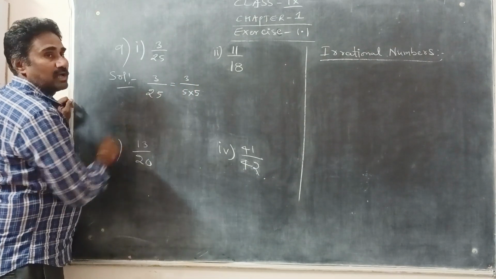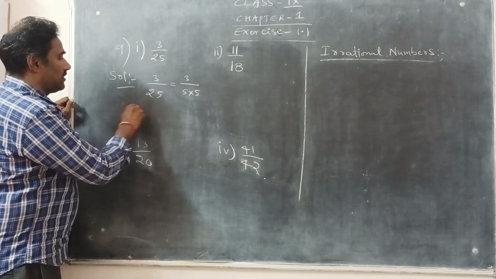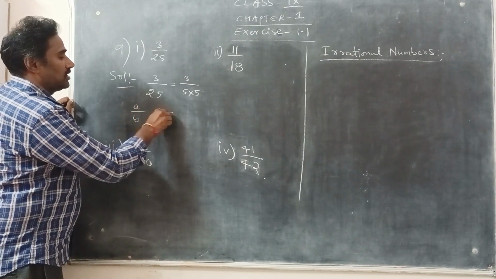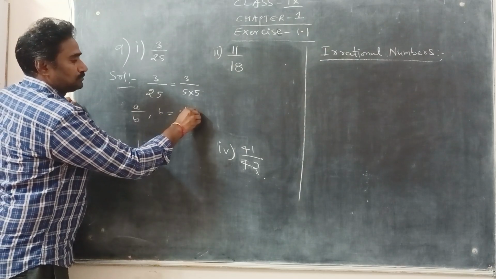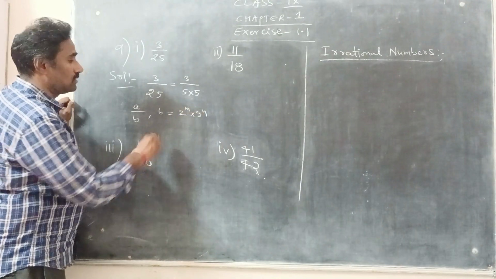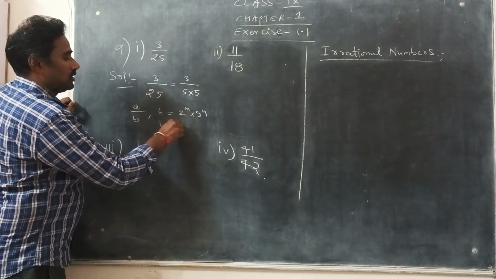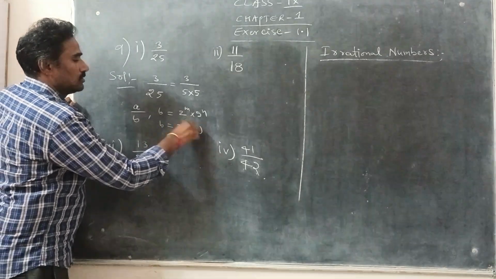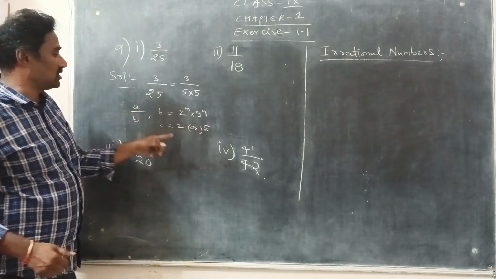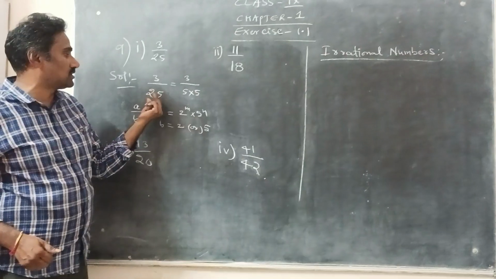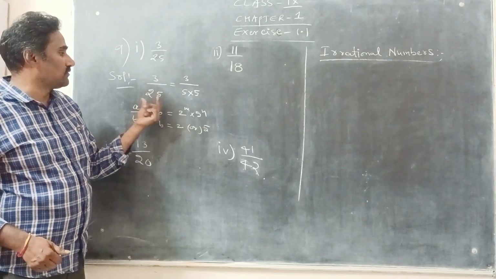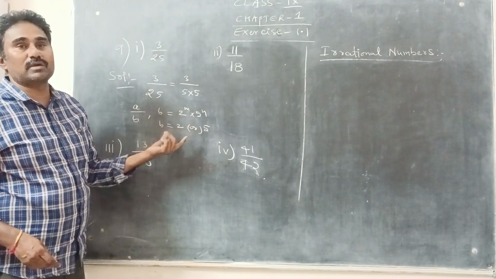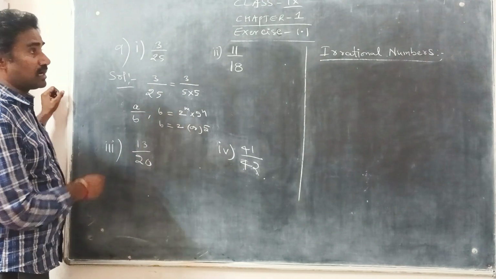For a by b, the prime factorization of b should be 2 power m into 5 power n, or b is only 2 or only 5. So if the denominator's prime factorization consists only of 2 and 5, or only 2, or only 5, it is terminating. But if any other number is there along with these two numbers, it will be non-terminating repeating.